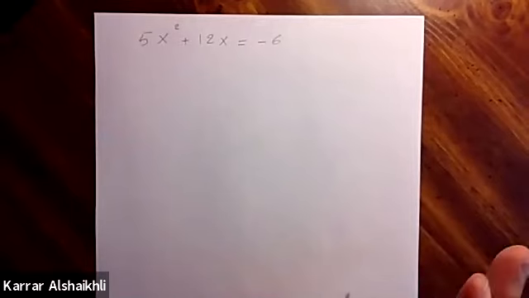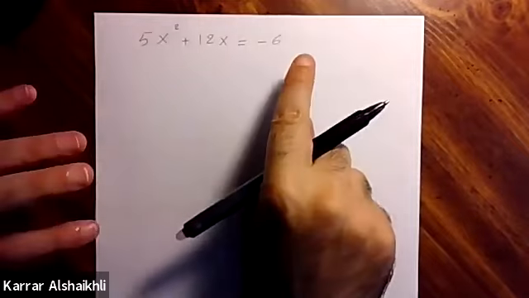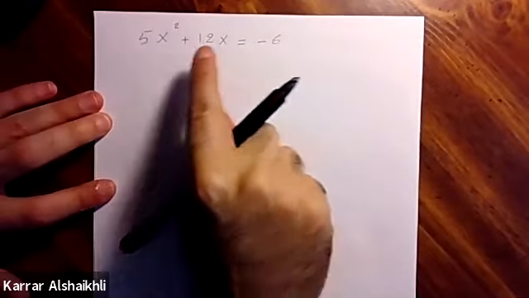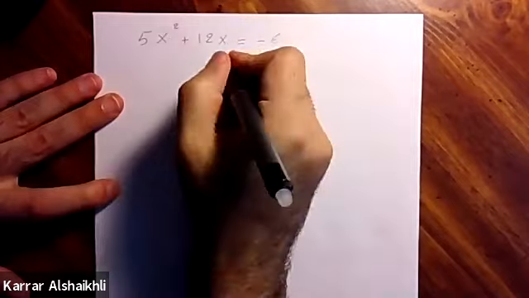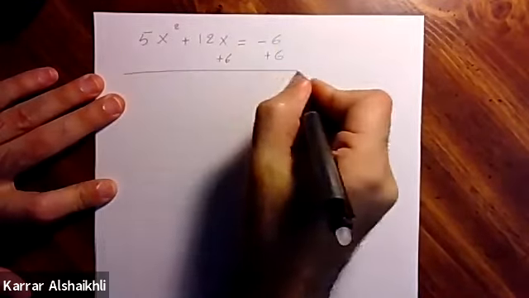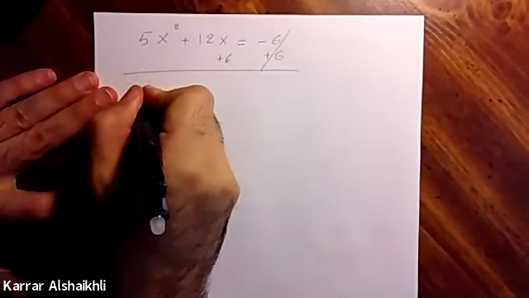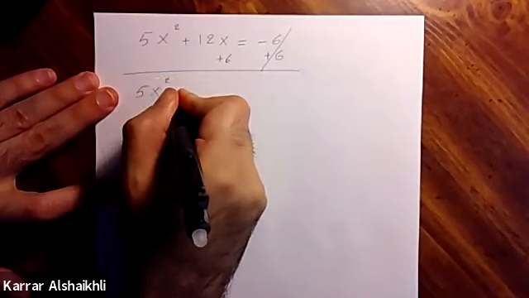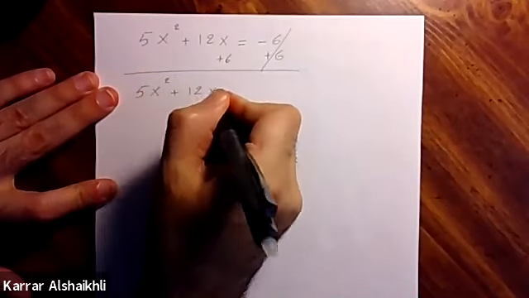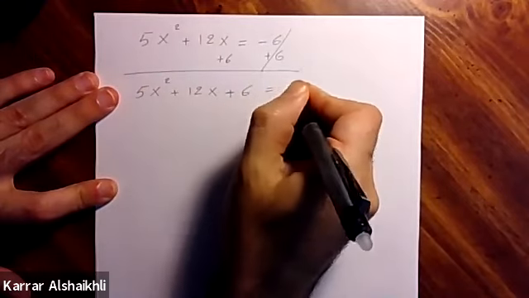Always, the first thing I have to make sure is that all the numbers and the terms are on one side. I have to move the 6 to this side, so I'm going to add 6 to both sides. So this one is going to be, these cancel. So it's going to be 5x squared plus 12x minus 6 plus 6 is going to be 0.